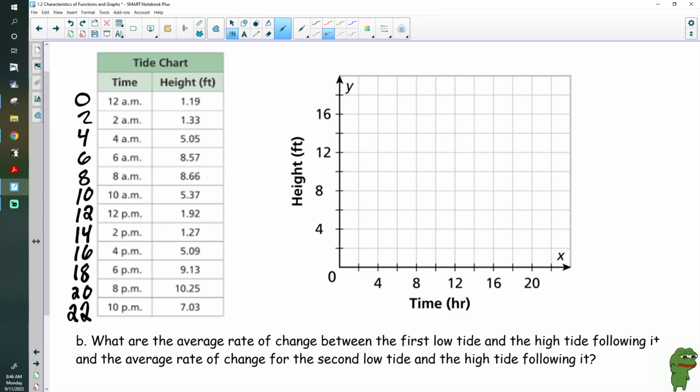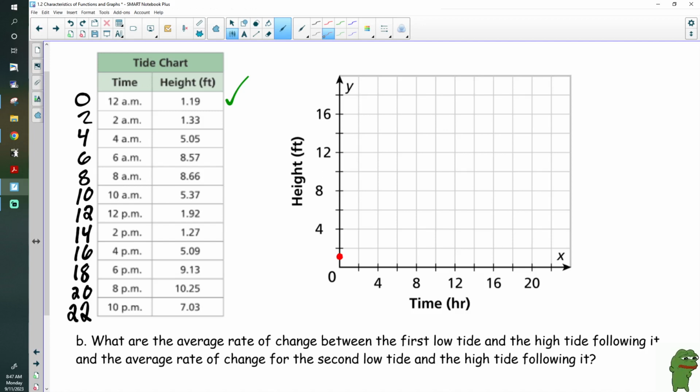This graph counts by 2, so 1.19 is going to be somewhere up in that area. Do your best. If you're someone who's terrible at organization, put a check mark as you go so you know what you've done and what you haven't done. Next one, 2 a.m., 1.33. That's going to be just a little bit above it, right?